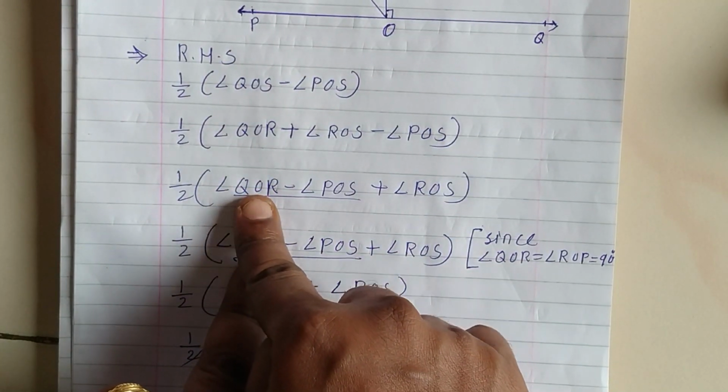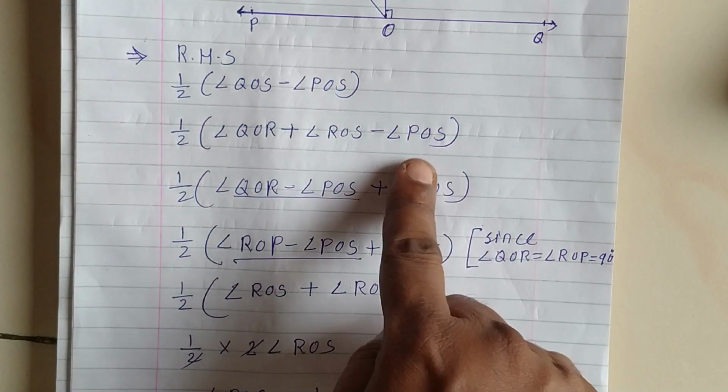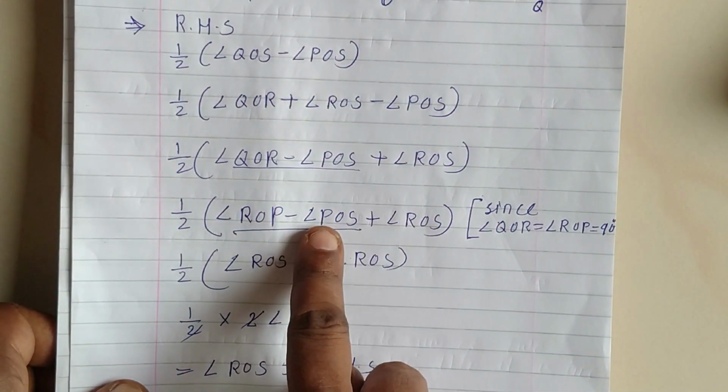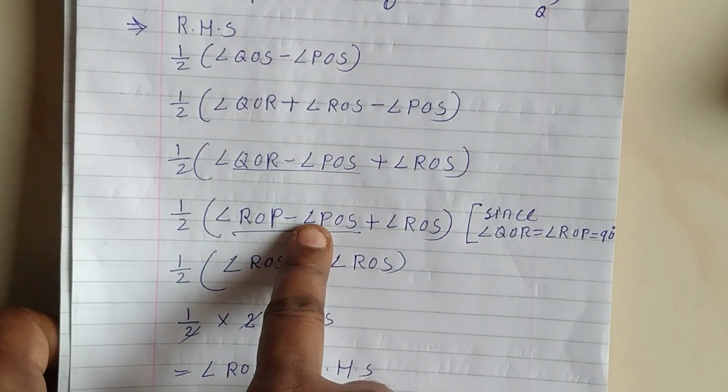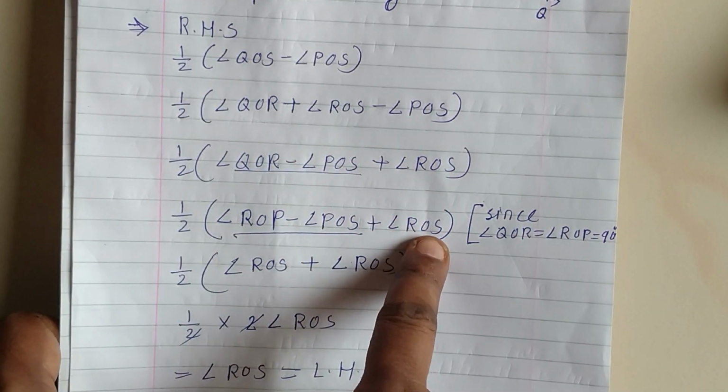That is why in place of QOR I have taken ROP. And angle POS, which was in the third place, I have brought it to the second place. I will tell you why. And ROS I have taken last.